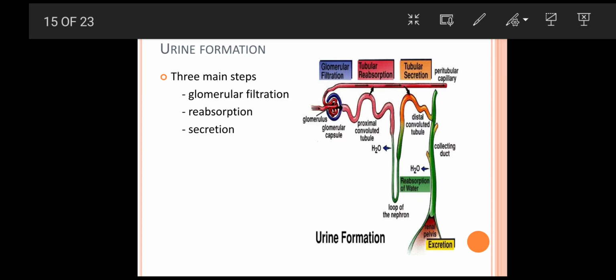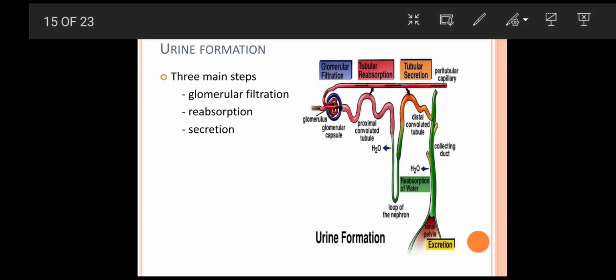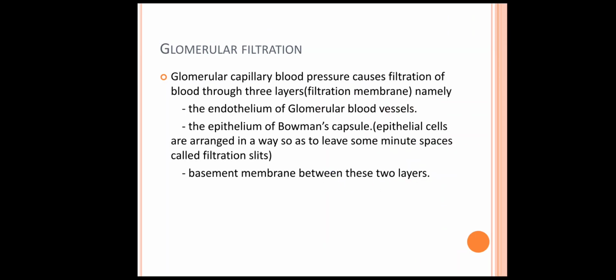The one is glomerular filtration, another is tubular reabsorption, and the last one is tubular secretion. As we can see in this diagram, H2O is liberated out from the tubular part and reabsorption of water is taking place. So let's have a look at how this is going to happen.